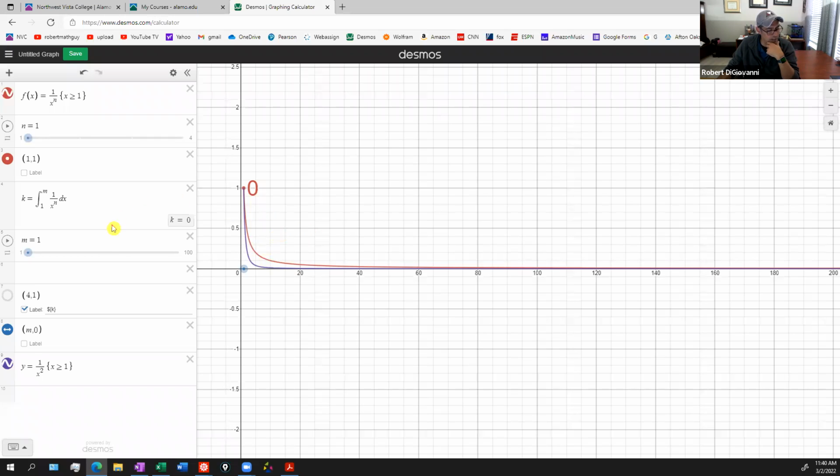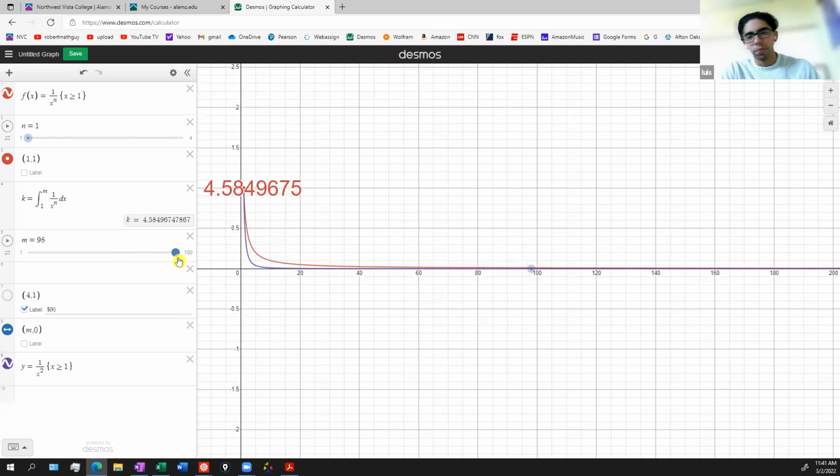And I can hopefully convince you. What I'm going to do is drag this point again. It's going to keep track of the area and watch what happens. Look at that. I'm already past 1. I'm at 3 now. I'm at 4 now. Sorry, it's decreasing at a lesser rate.